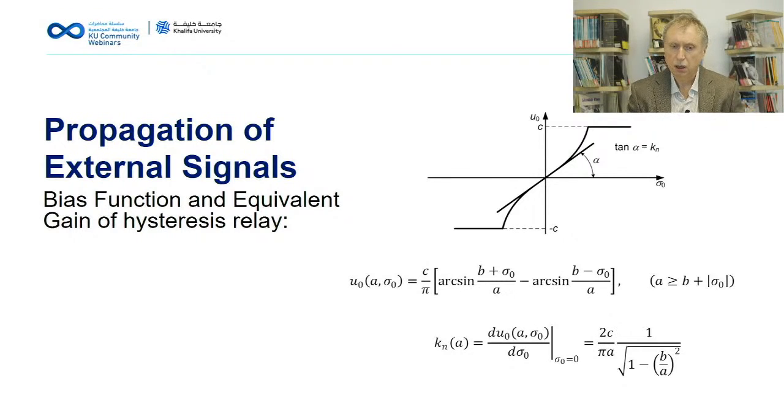Basically, it's an arc sine function for a relay nonlinearity. What would also be interesting here is what the slope of this bias function would be at the origin. And this slope is found by differentiating the bias function with respect to sigma 0, and it is given by this formula, and we will call it the equivalent gain of the relay.